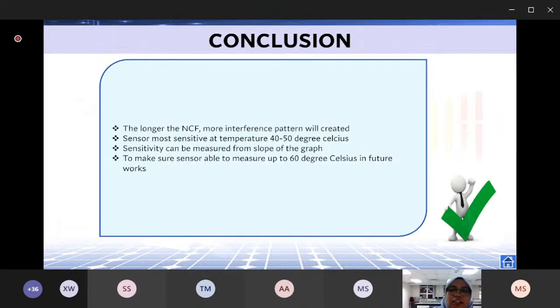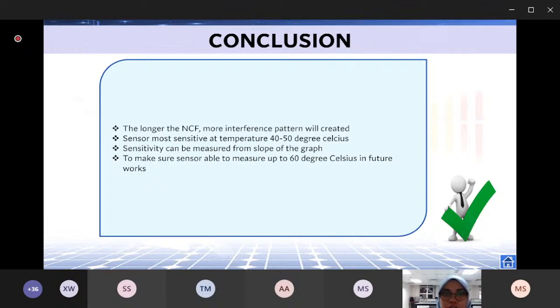Okay. In conclusion, at this stage, the longer the no-core fiber, the more interference patterns are created, and the sensor is more sensitive at temperatures of 40 to 50 degrees Celsius. And the sensitivity can be measured from the slope of the graph as shown before.